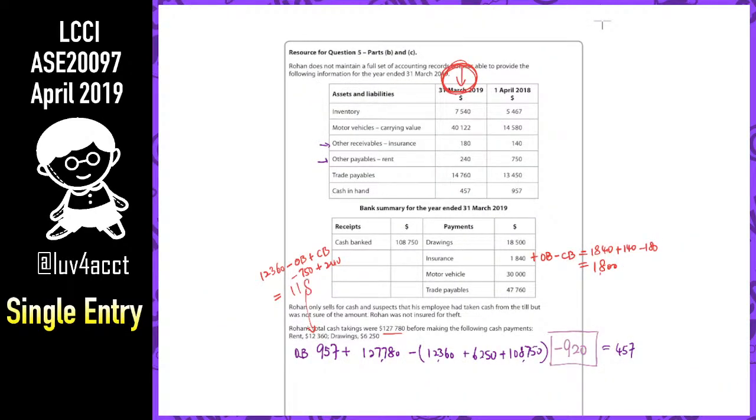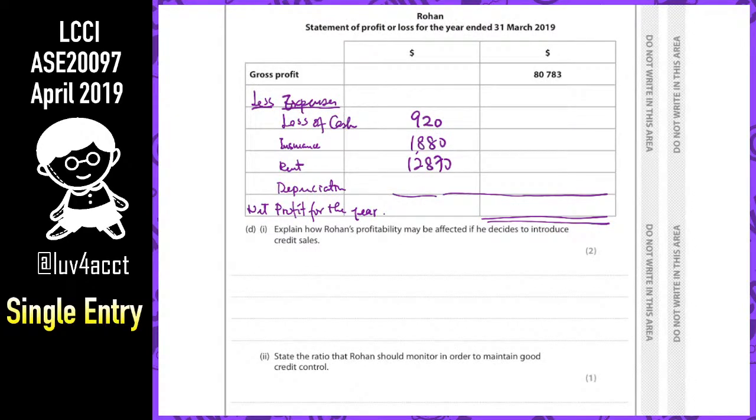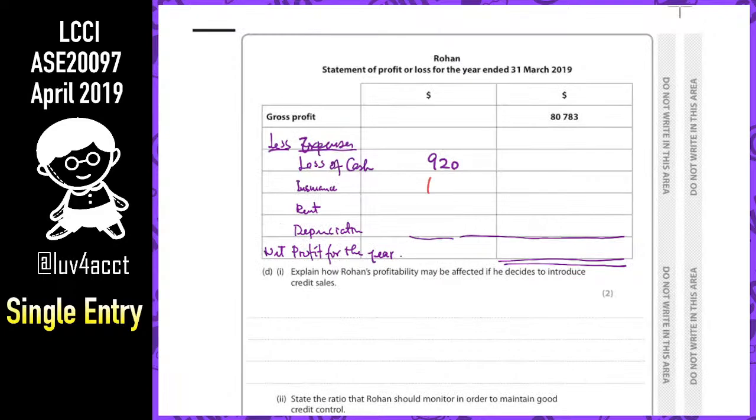Okay, both you and me have to be careful. Okay, so 11850. Okay. 11850.